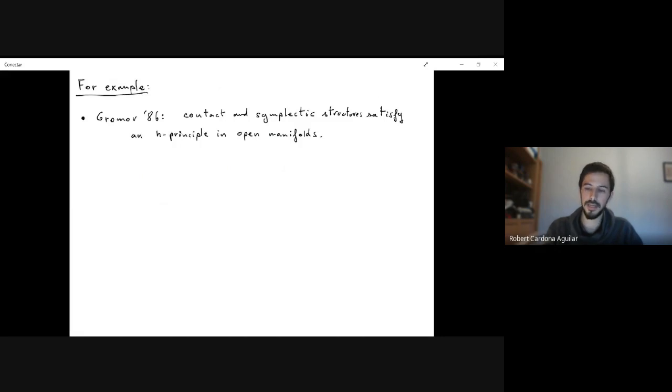It has applications besides symplectic and contact geometry, like the Nash-Kuiper isometric embedding theorem. This follows from h-principles also, and so does the Smale eversion theorem, which is also very famous. Smale eversion and Nash isometric embeddings can be proved by the h-principle.